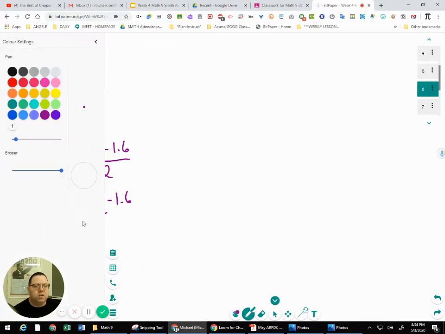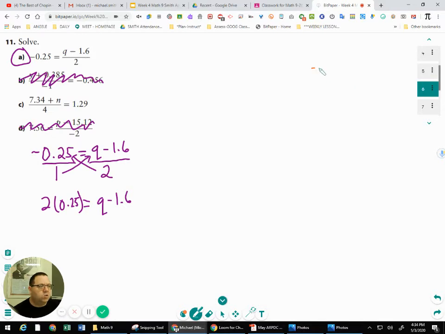I'm going to pause here because some of you might have a question. Here's the same question again: 0.25 is equal to Q minus 1.6, divided by 2. Another way of looking at this is that we don't deal with the binomial until the end. You could multiply both sides by 2, and these 2's would cancel.